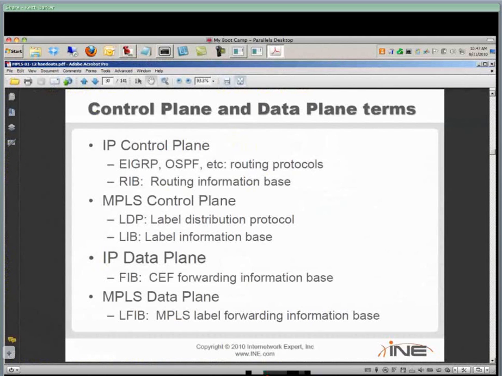So the FIB, even though it's primarily for IP, inside that CEF table for the forwarding information base, we also include the tags that we've learned from the label forwarding information base, which is next. And the LFIB is the winner circle. Just like a show IP route is the winner circle for how you're going to do your routing on your network, the LFIB is the winner circle for how we're going to be forwarding packets based on labels.